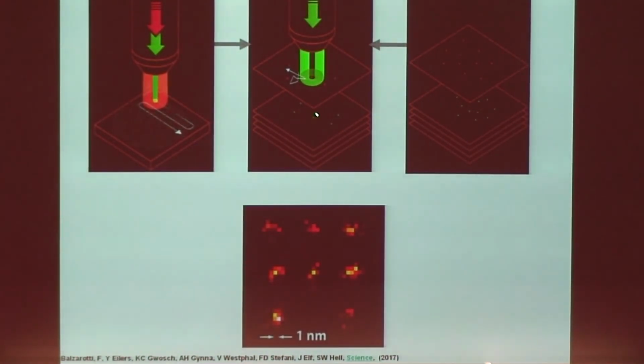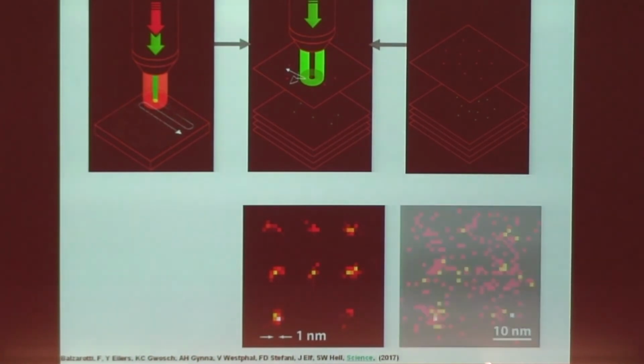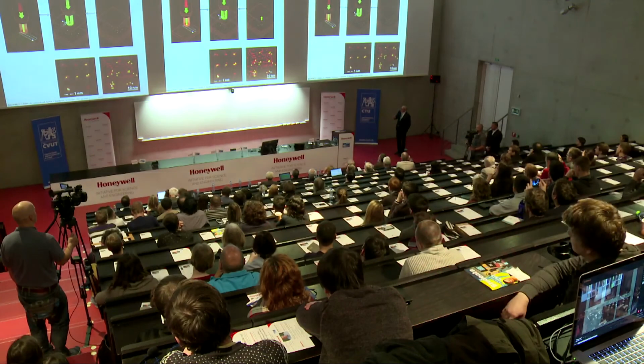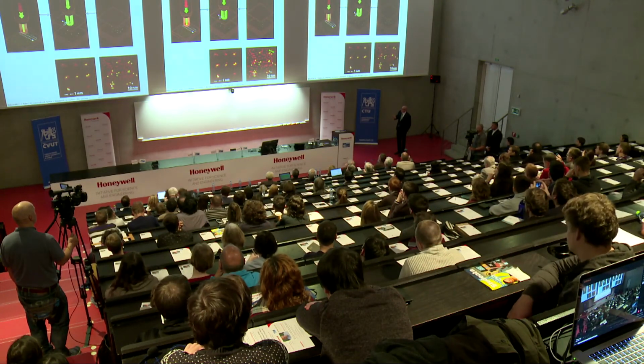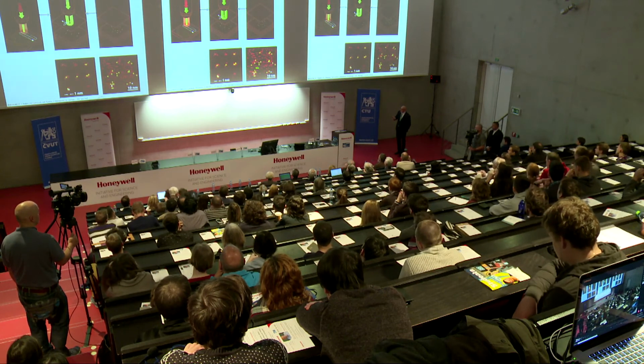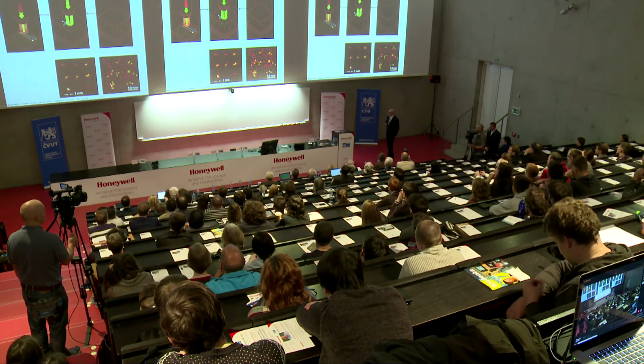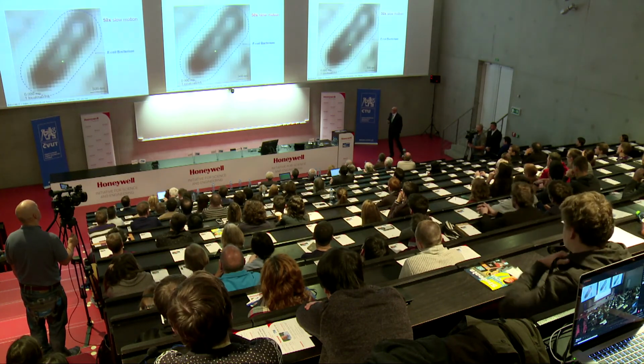So with this new method, called MINFLUX, we can see the molecules at closest, and the resolution is of the order of a nanometer. Now we have really attained the limits, and the old method, the one that was awarded the prize, doesn't get it. So it still looks like this, and so we made a significant step, or well, I believe it's the ultimate step beyond the diffraction barrier.